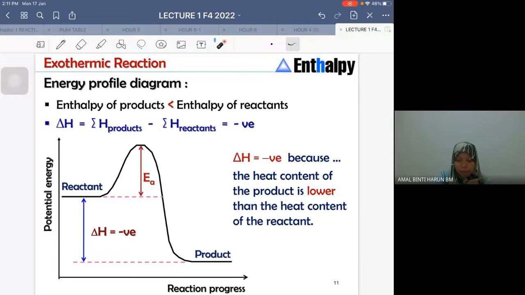So kita dah dapat perbezaan tenaga produk dan tenaga reaktan adalah delta H ataupun enthalpy change. It is negative. And di dalam energy profile diagram juga kita kena labelkan EA daripada reactant up to the transition state. Okay.